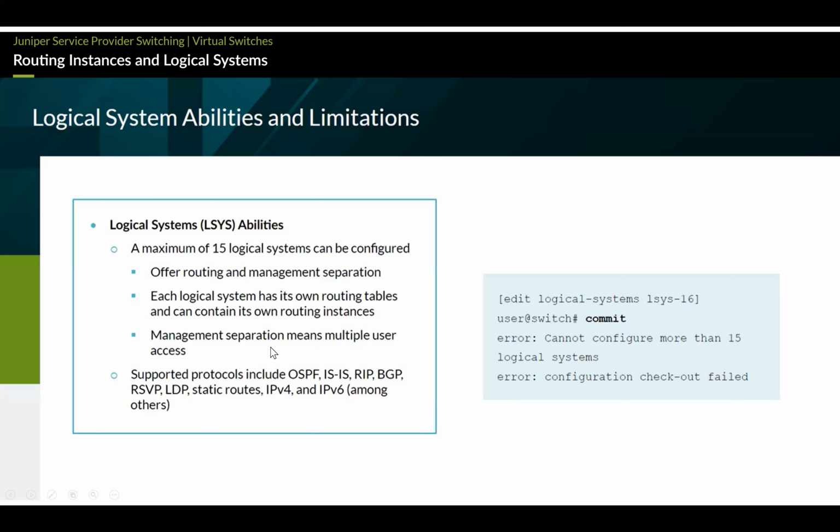Management separation means multiple user access, and logical systems support OSPF, IS-IS, BGP, RSVP, LDP, static routes, and IPv4 and IPv6. But there are some limitations. First, you cannot configure more than 15 logical systems in a single physical router.